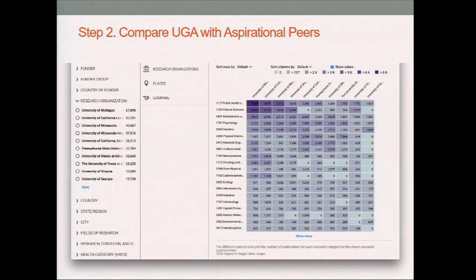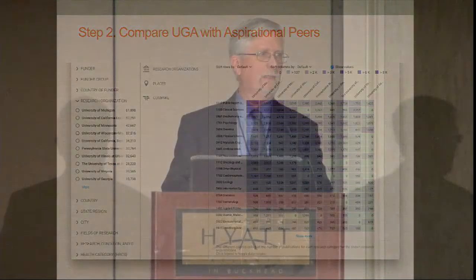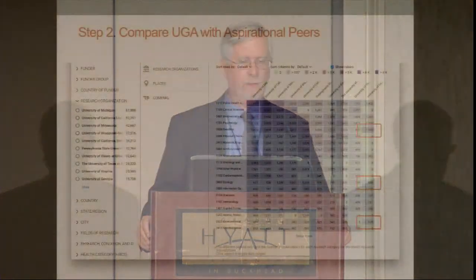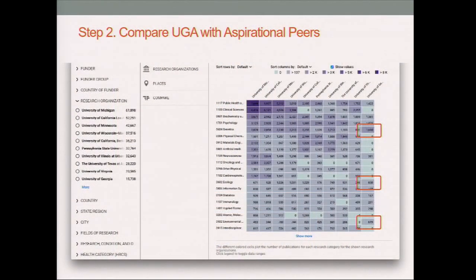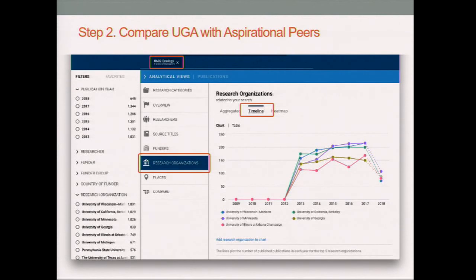And so this gives you a feeling for, just glancing at it, how competitive UGA is with aspirational peers in each of these areas. So I've highlighted a few where we're actually well within the range of the aspirational peer institutions. You can also look at this in terms of trend lines.